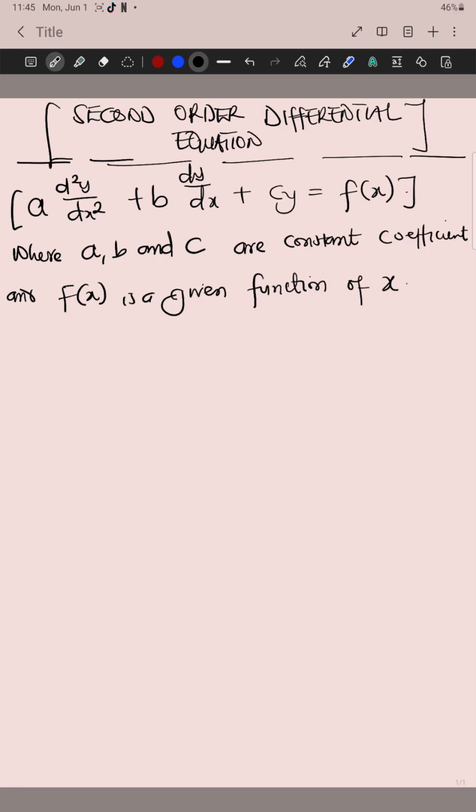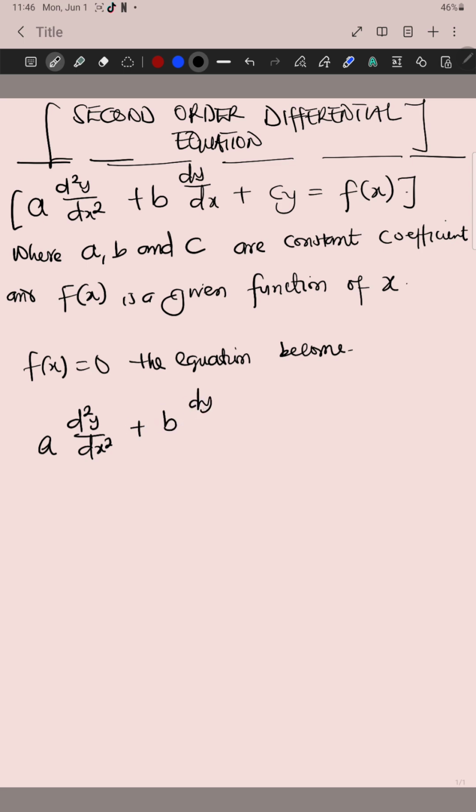So now let us look at f of x equals 0. Let's start from there. F of x is equal to 0. Then the second order differential equation we're talking about becomes a d squared y over dx squared plus b dy over dx plus cy is equal to 0. That is when f of x is equal to 0.